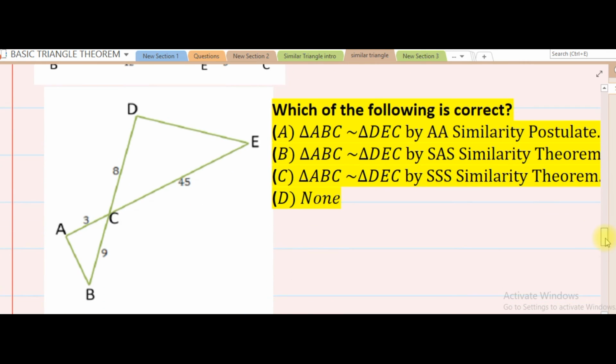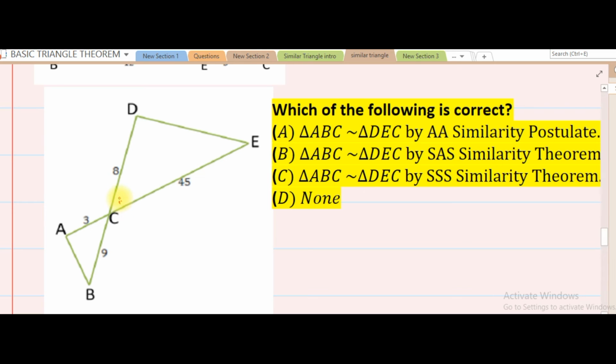The next one, we are given which of the following is correct: whether triangle ABC is similar to DEC by AA similarity postulate, SAS or SSS. Let's check.